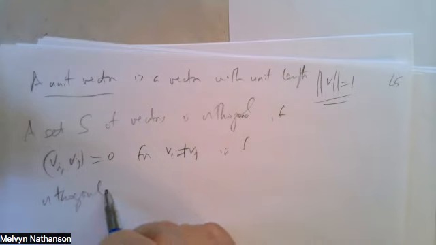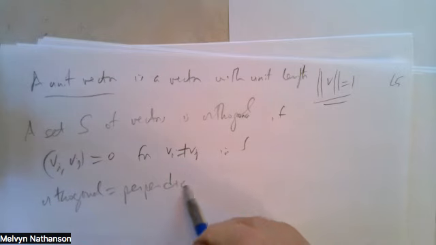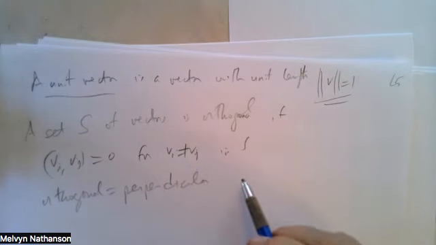Remember, orthogonal is just another word for perpendicular. And two vectors are orthogonal or perpendicular if their inner product is 0.